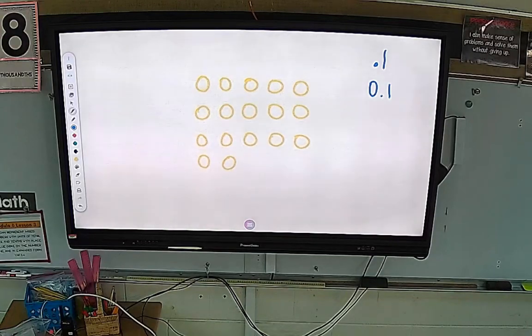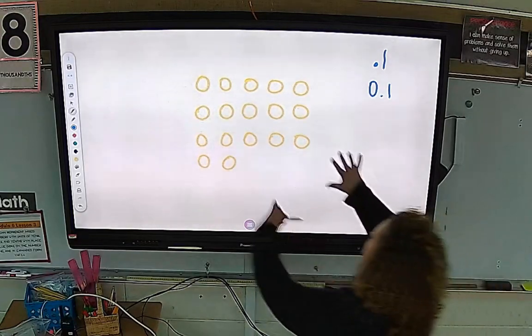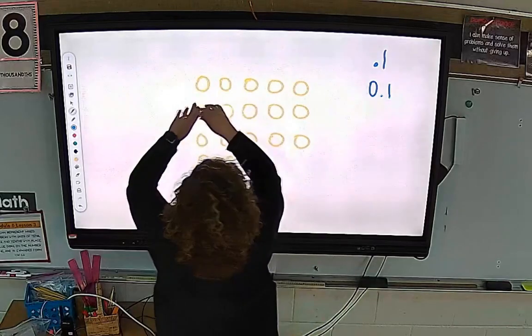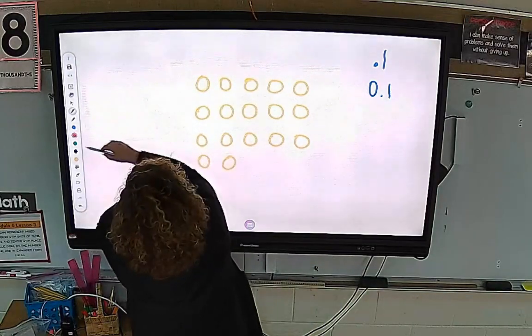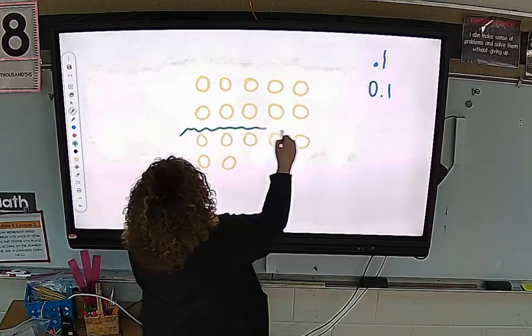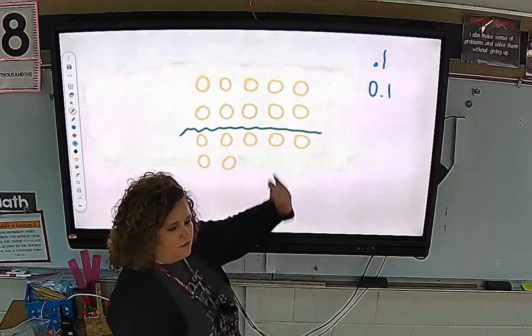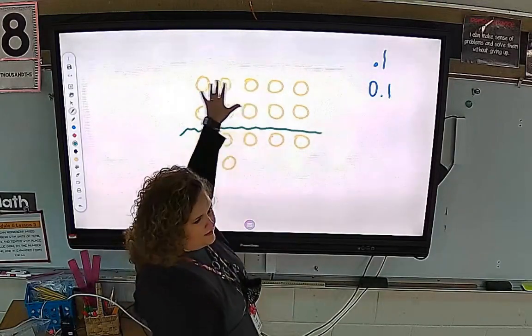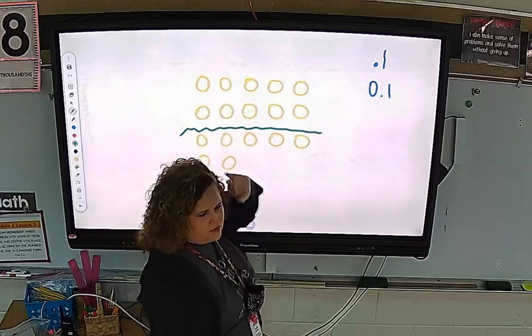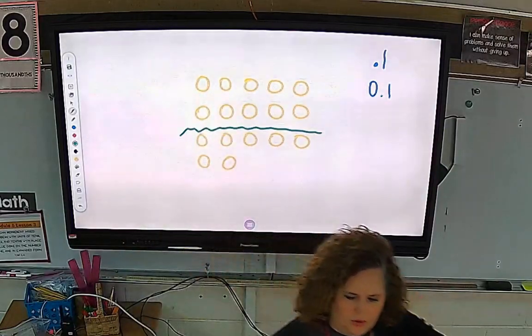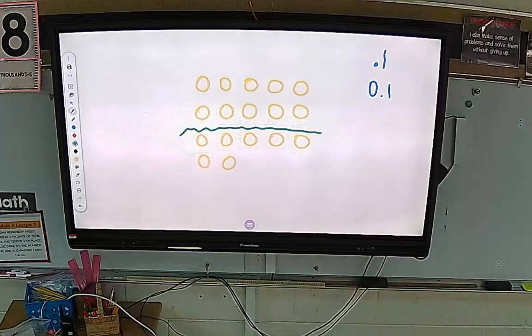Okay, so can you separate? Can you kind of push 10 of these up and put a little separation between those two groups? Because 2 of our rows of 5, that's 10. Just kind of push them up higher on your board and separate those two groups. Okay?